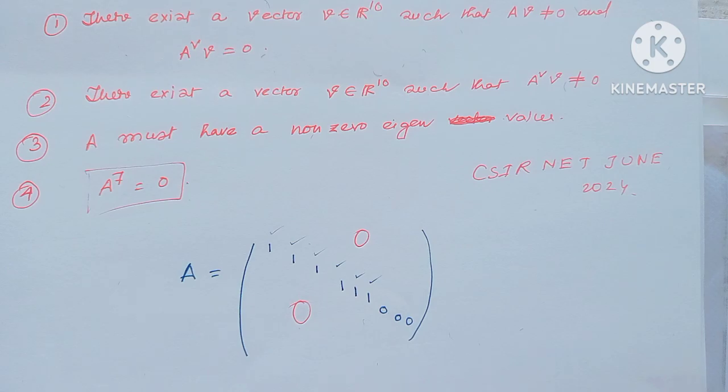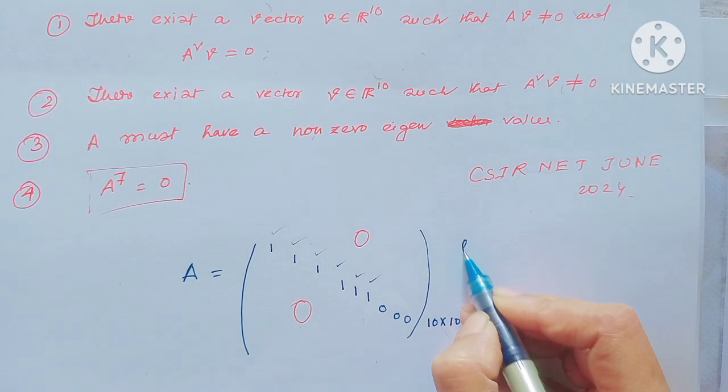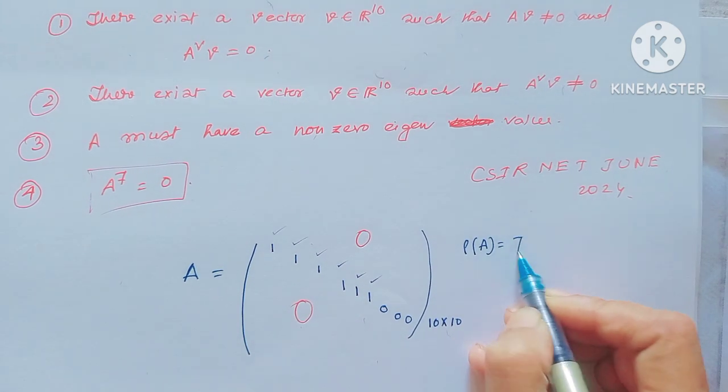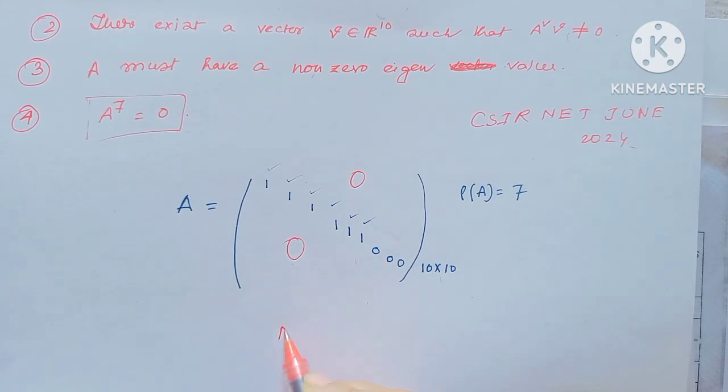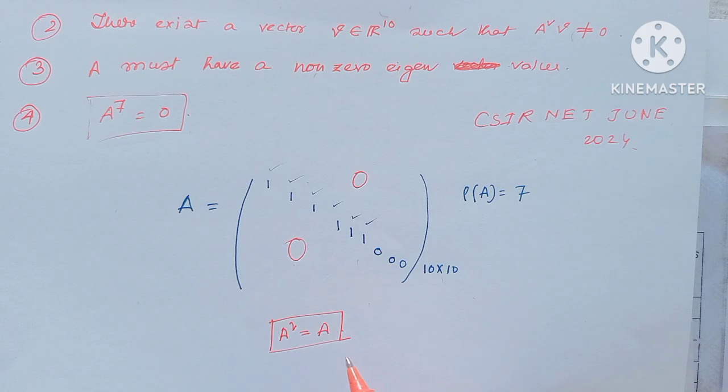Notice here A is a 10 cross 10 matrix and the rank of A equals 7. For this matrix, A squared equals A. That means this is actually an idempotent matrix.